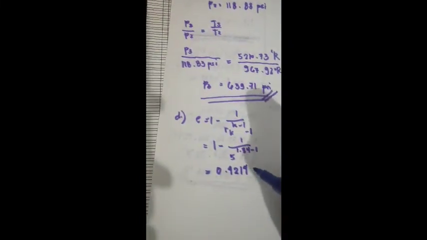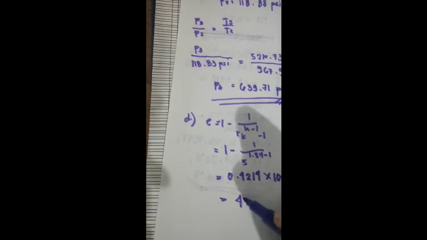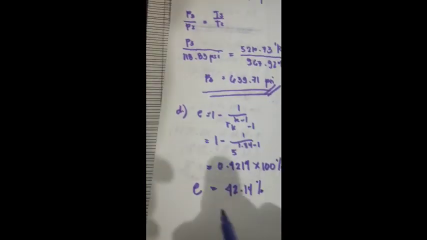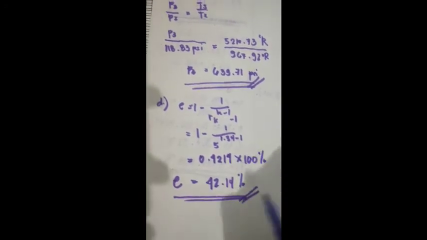By multiplying by 100%, you will get 42.14%. So that is the efficiency of the Otto engine.